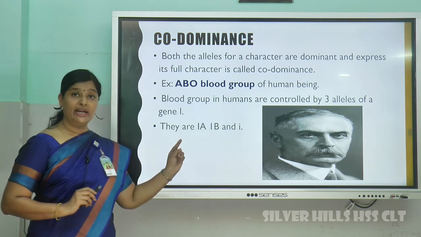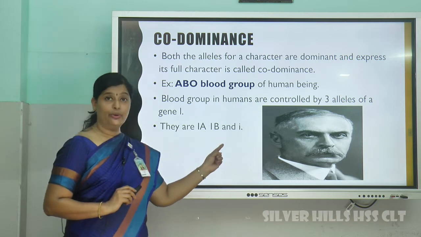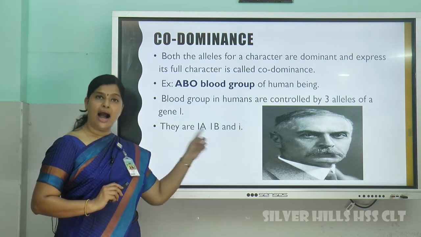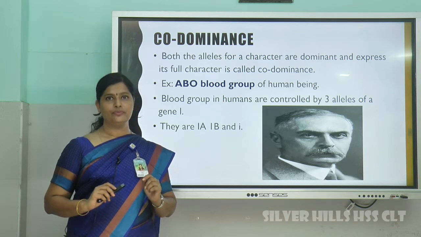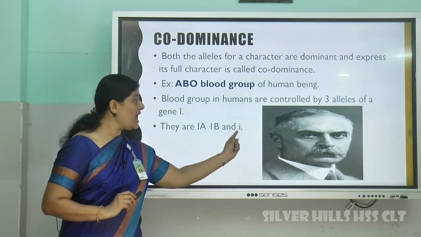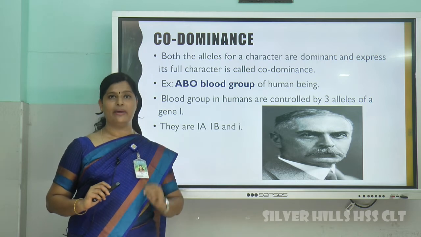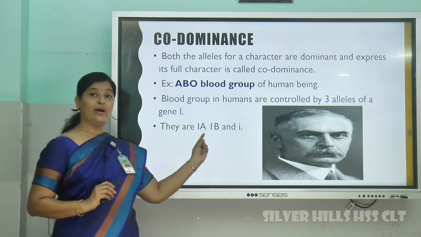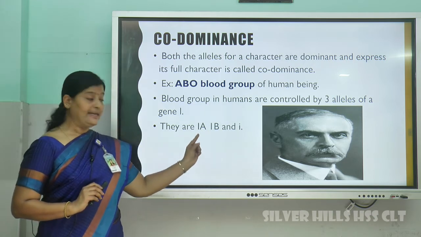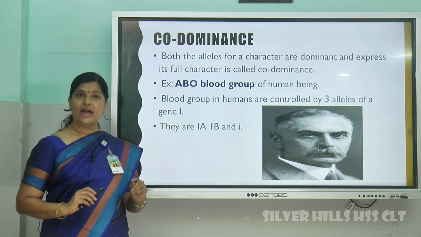Now what is the peculiarity of these alleles? IA and IB are dominant alleles, both are dominant, right? And small i is the only recessive one. So what happens? Suppose a person has got IA from father and IB from mother.